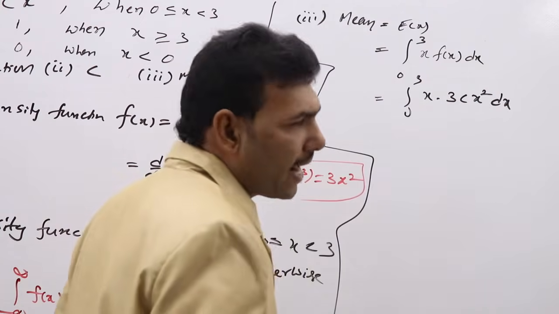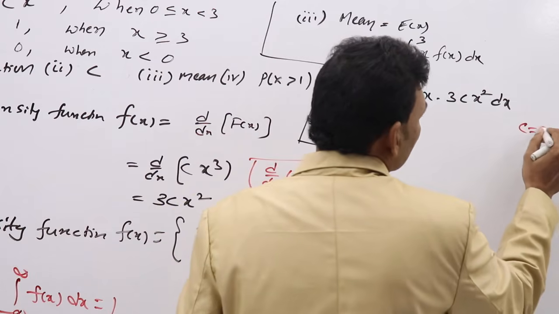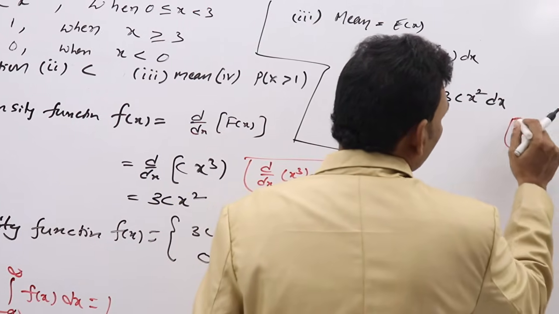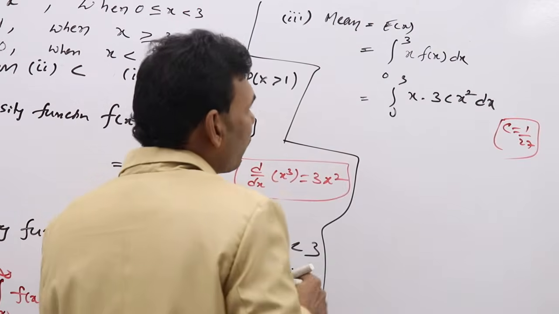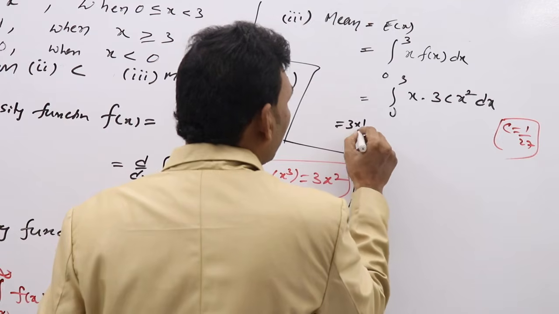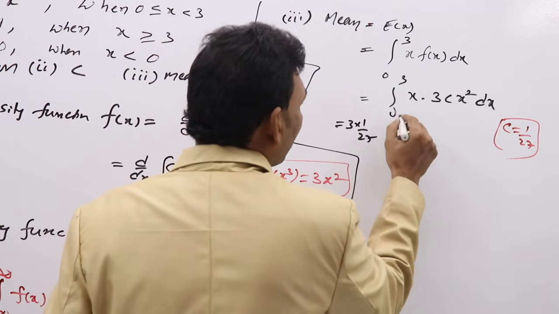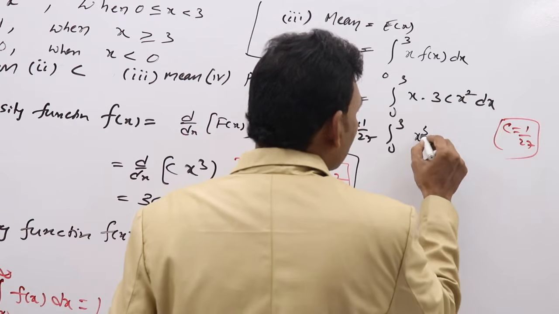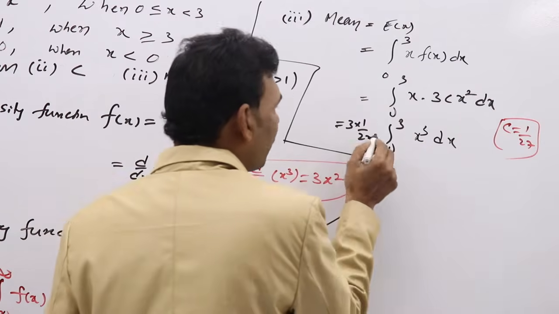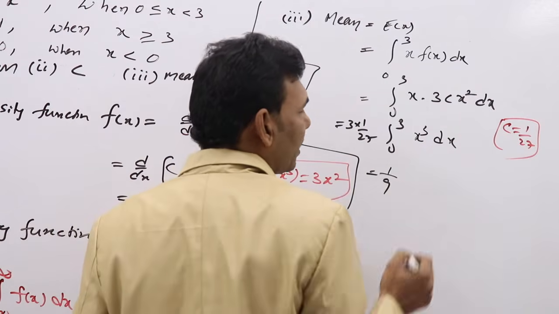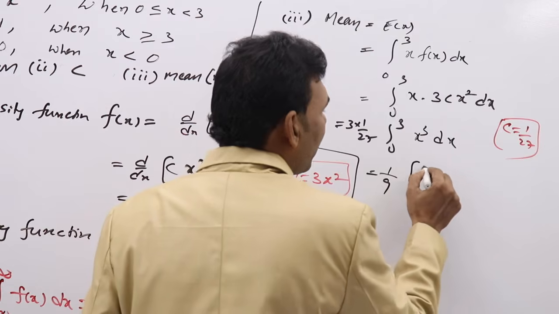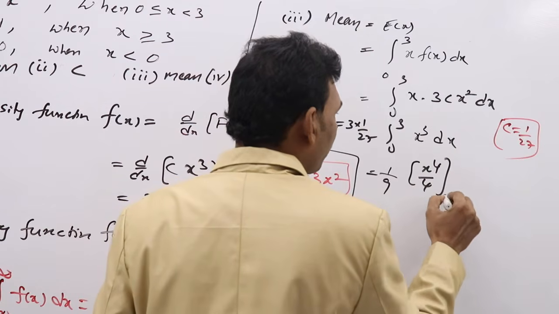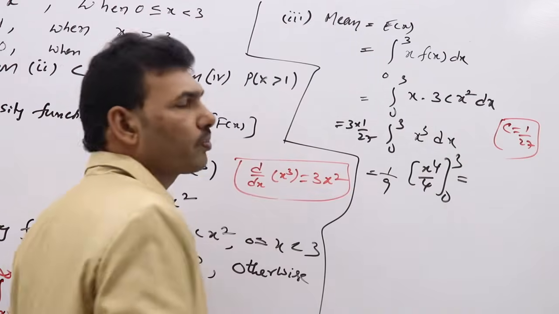But we know that the c value is 1 by 27. Writing 1 by 27 in the place of c, 3 into 1 by 27, the integral from 0 to 3 of x into x square, x cube, dx. 3 ones are 3, 3 nines are 27, so 1 by 9, the integral of x cube is x power 4 by 4, from 0 to 3.